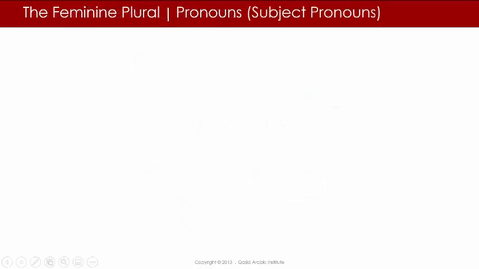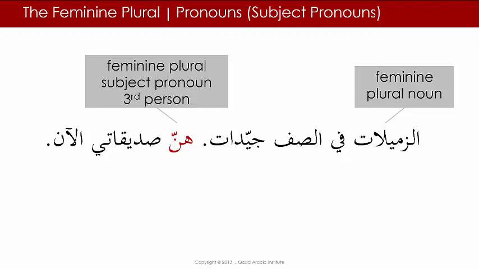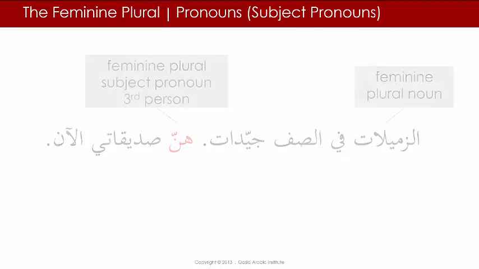Let's look at pronouns now. We're looking at subject pronouns. Az-zamilatu fi as-saffi jayidat. The female colleagues in the class are very good. Az-zamilat is a feminine plural noun. And hunna here is the pronoun, a subject pronoun. They are my friends, my good friends. Now, hunna means they in feminine plural and is third person.